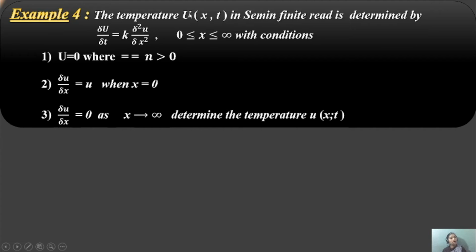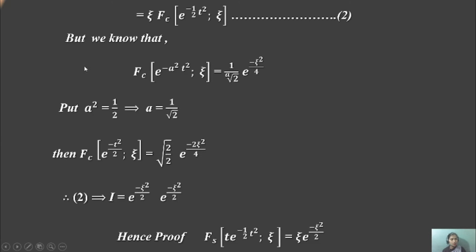Example 4. The temperature u(x,t) in the semi-infinite rod is determined by ∂u/∂t = k ∂²u/∂x², 0 ≤ x ≤ ∞, with conditions.